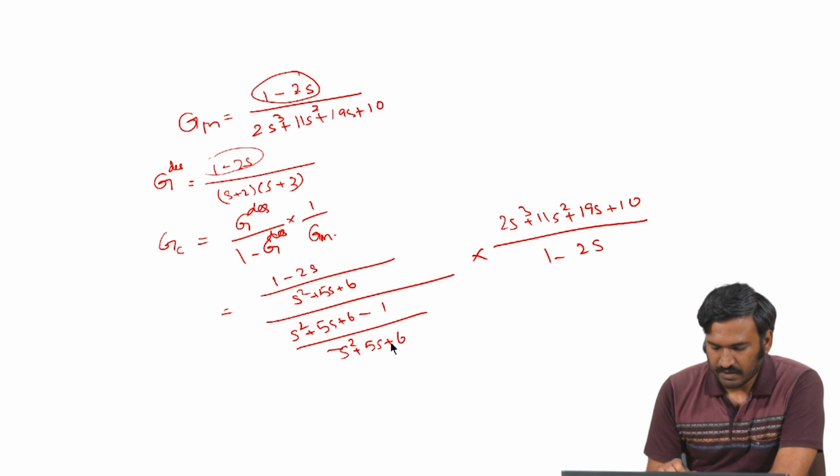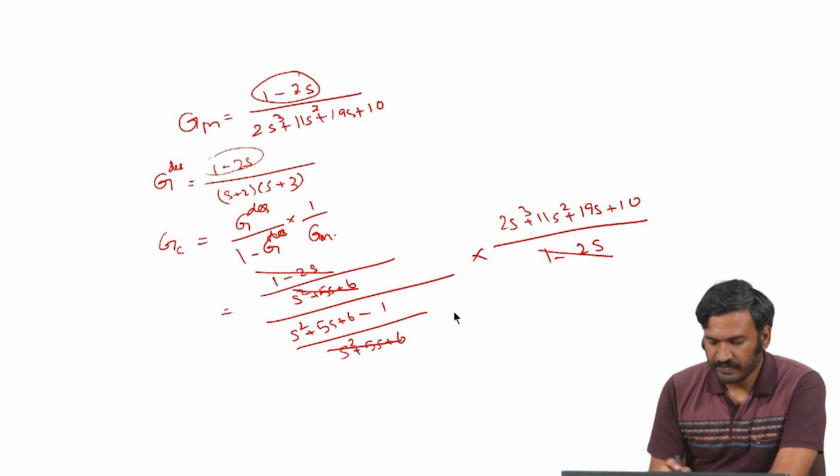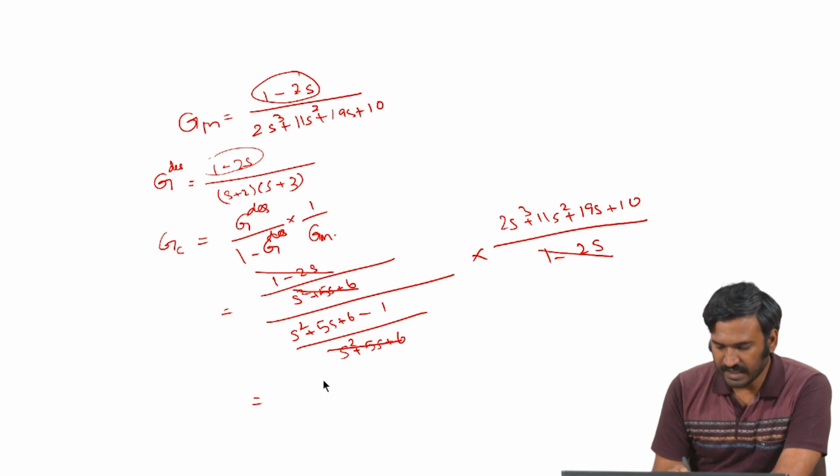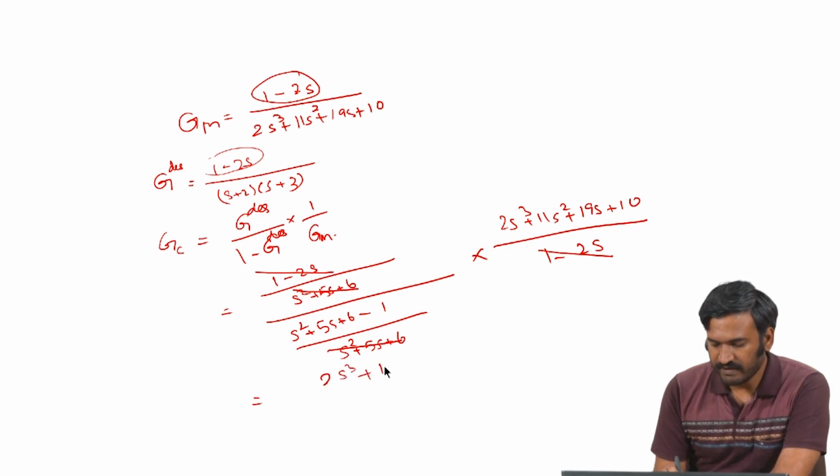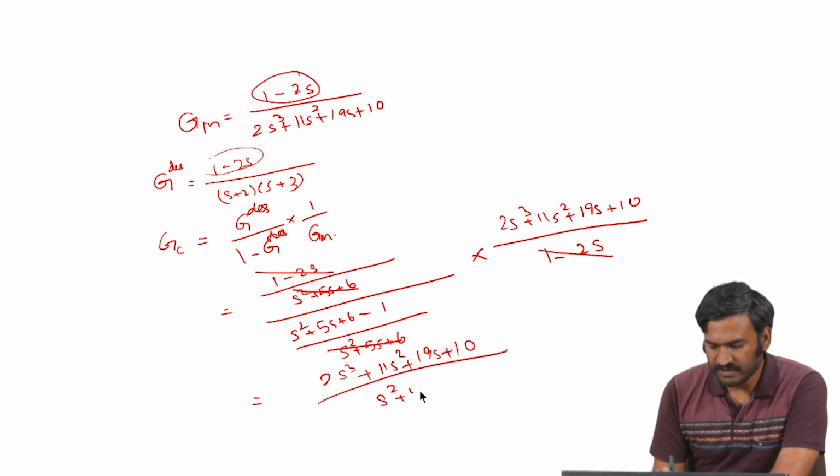So, these two will get cancelled and these two will get cancelled. So, we will end up with (2s^3 + 11s^2 + 19s + 10) divided by (s^2 + 5s + 5).